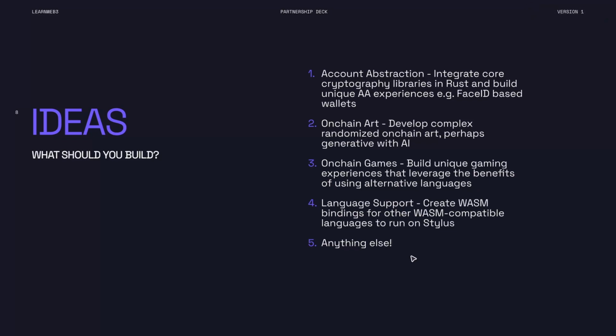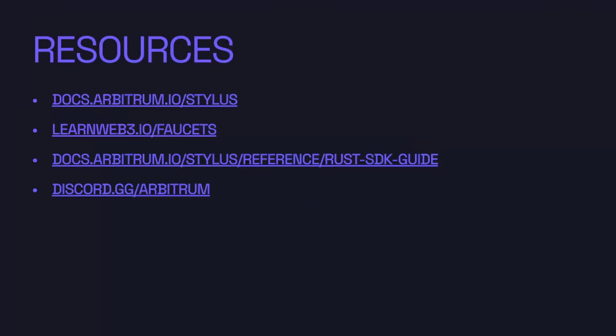Again, this is not an exhaustive list. There's a lot more you can do. So use your imagination. Feel free to do anything else. This is not a required list. This is just inspiration. At the end of the day, do whatever you wish to do. But hopefully this gives you some ideas on how to start thinking about it.